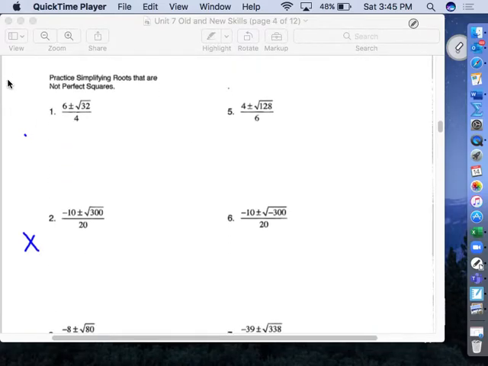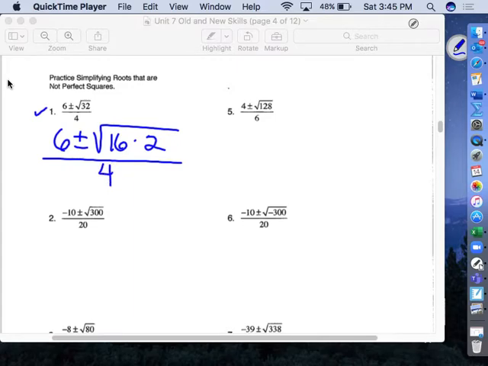Let's move to the next page and do this. So here I have 6 plus or minus radical 32. Radical 32 is 16 times 2. 16 is the perfect square.